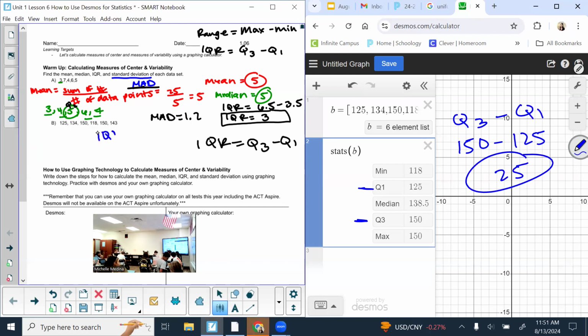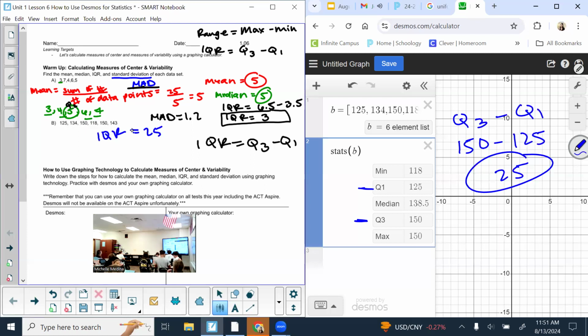Questions on that? Yes? Well, did you put in the parentheses after stats? Did you put in your data set with me? If you haven't already, find the standard deviation.